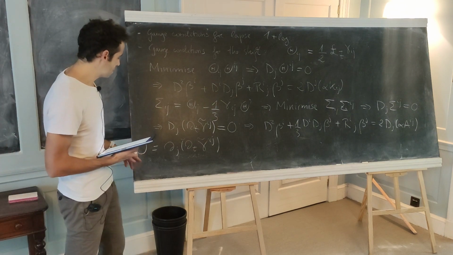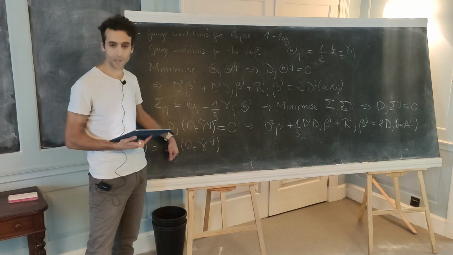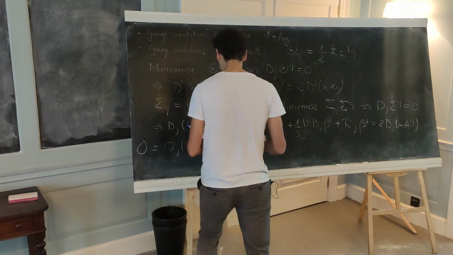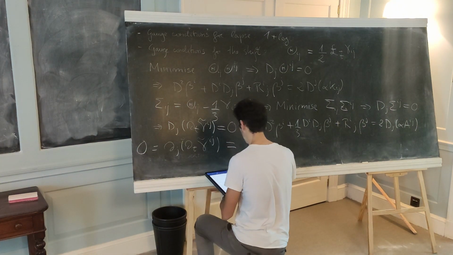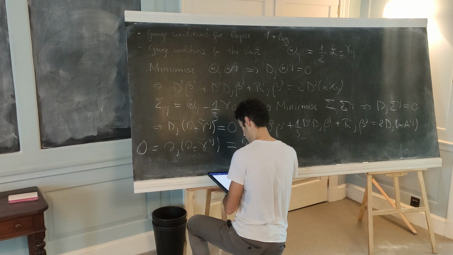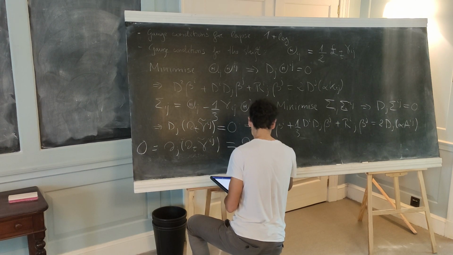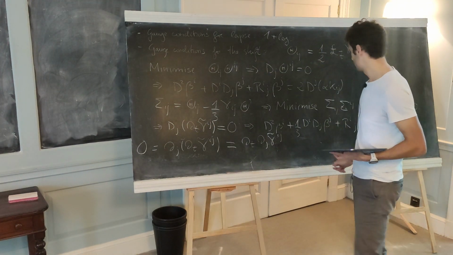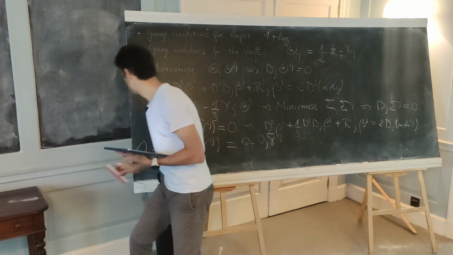But the advantage of this is that now these are just partial derivatives, so you can just commute these partial derivatives, and this gives this.